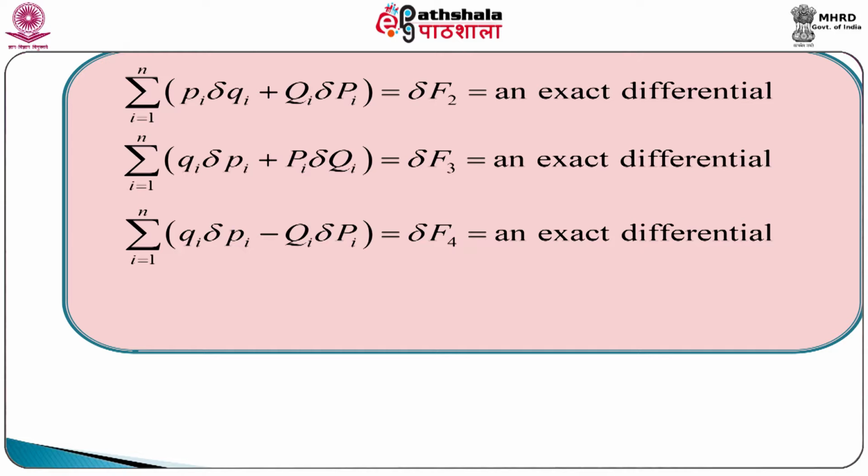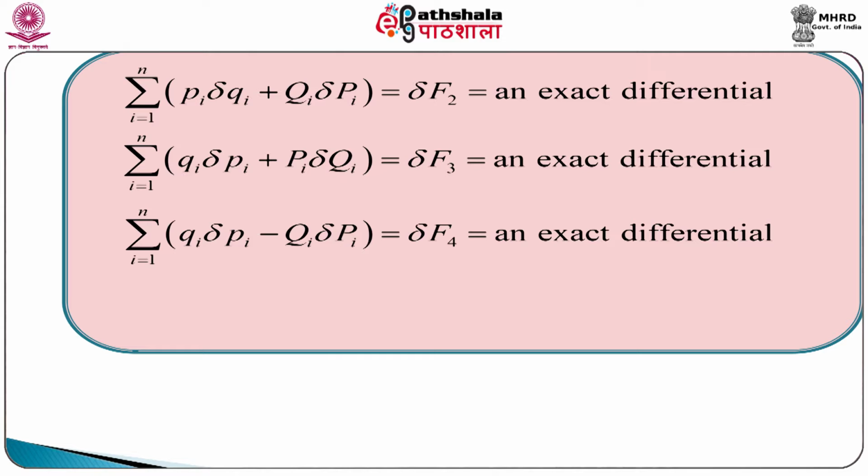Next we get summation over i equal to 1 to n of q_i delta p_i plus P_i delta Q_i equal to delta F3, an exact differential. We have obtained the result using the relation between the generating functions F1 and F3, which have already been discussed in the previous module, that is module 2 of chapter 6.